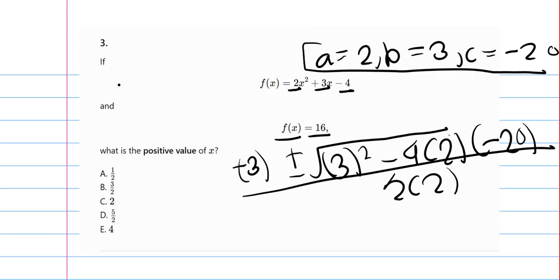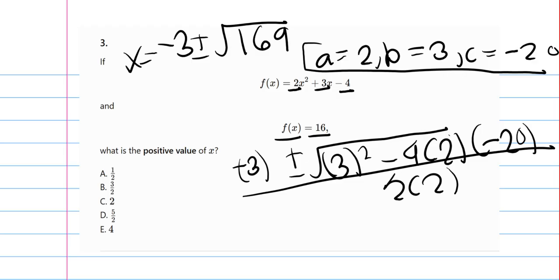would be x is equal to negative 3 plus minus square root of, let me use my calculator. That would be 169.